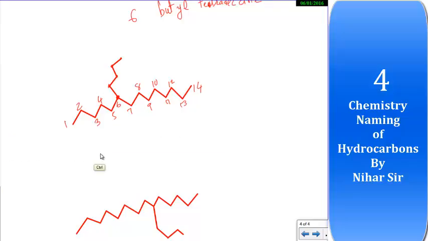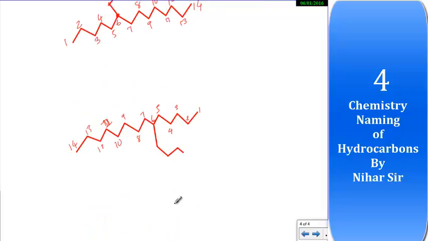Now this is again the same kind of carbon chain, right? Let's name it out. Let's start numbering from here. 1, 2, 3, 4, 5, 6, 7, 8, 9, 10, 11, 12, 13, 14. So 14 carbons are there, right? If I start from the other end, 1, 2, 3, 4, 5, 6, 7, 8, 9, 10, 11, 12, 13, I may not get 14 carbons, so I must not start numbering from there. And the branching off is here, so the nearest end point is here, so I must start numbering from here. So now single bonding, so 'an', right?